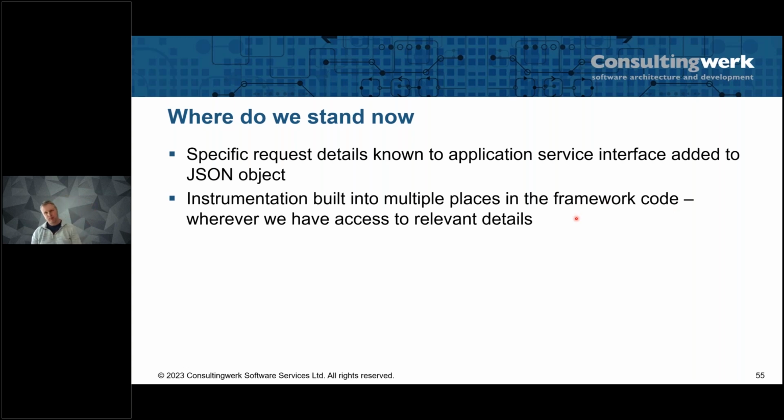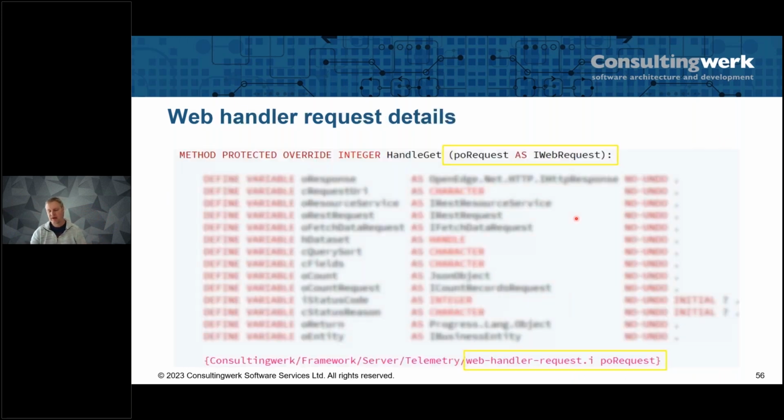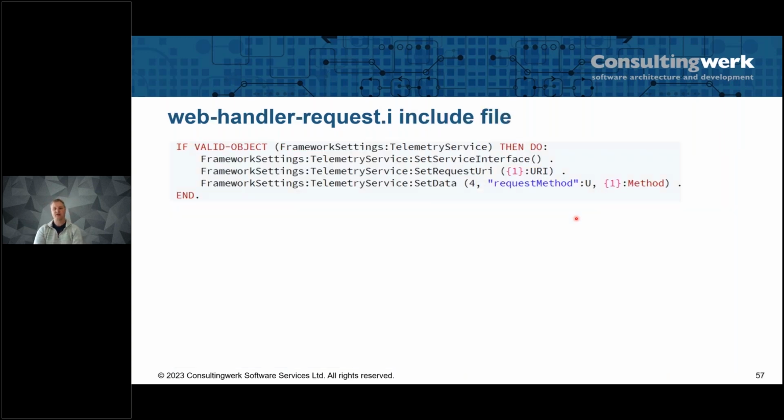So at this point in our instrumentation of the application, we've got the outermost details, and we've got the next level in of details, which is what we're really after. For web handlers, again, we have an include that does this stuff, and so in our include file, we get the same information, right? We get the service interface name, which is going to be the web handler name probably.